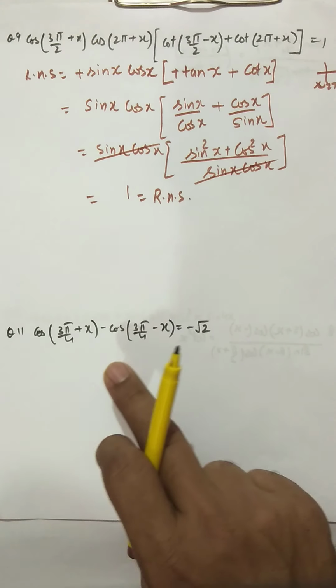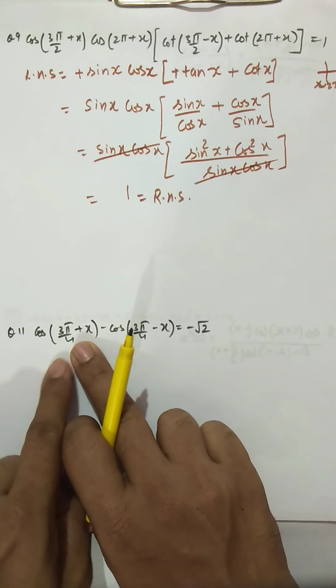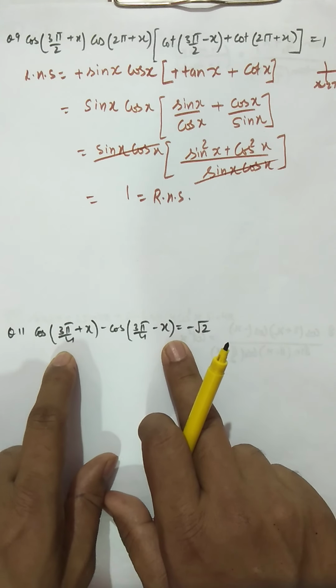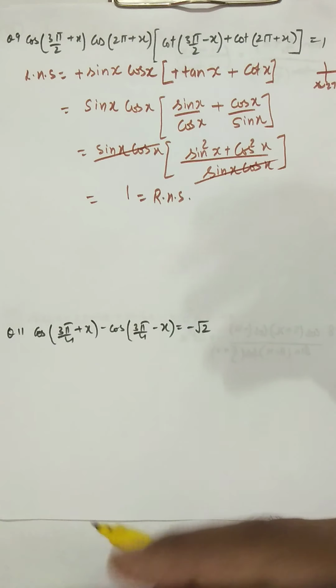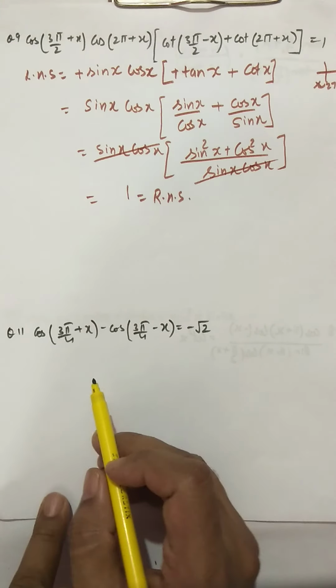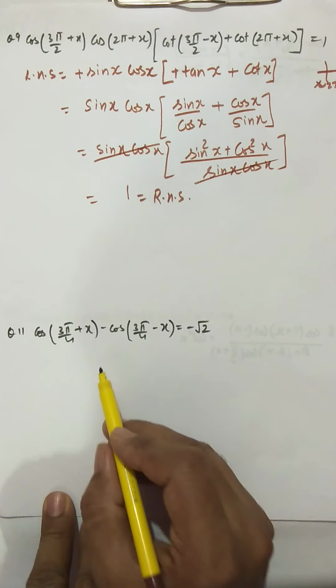Now the next question that we are going to discuss is question number 11. See, this is cos 3 pi by 4 plus x, and this is cos 3 pi by 4 minus x. Now in this question we have a choice whether we go the quadrant way or the formula way. We have some CD formulas that can be applied here also, and I'm trying to use those CD formulas first, and these formulas are very important.